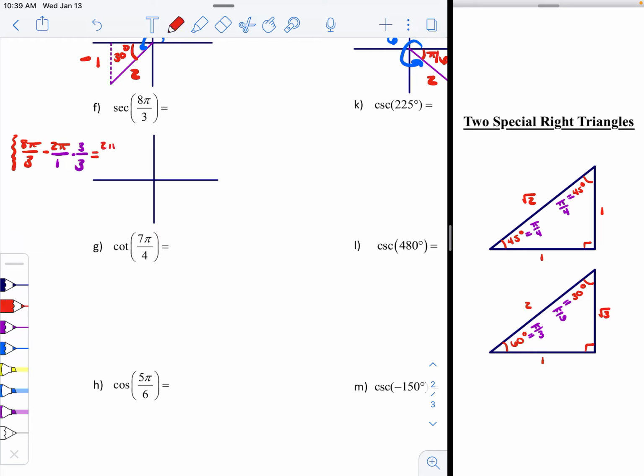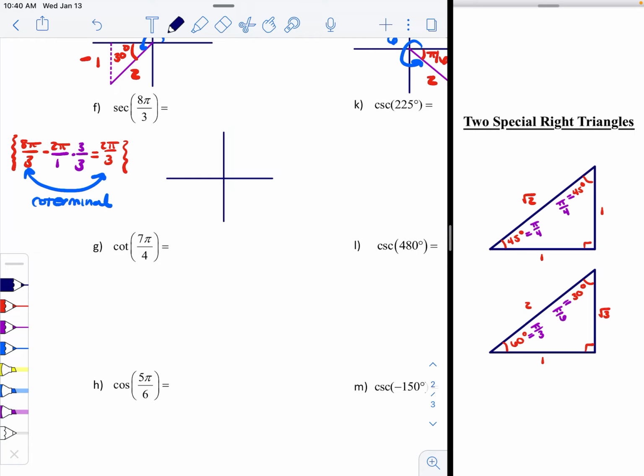So over here on this side, I'm just going to do a little scratch work. So I'm thinking 8 pi over 3. I want to subtract a full rotation, so I'm subtracting 2 pi. Find a common denominator whenever you're working with fractions. So if we find that common denominator, 2 pi would be 6 pi over 3.